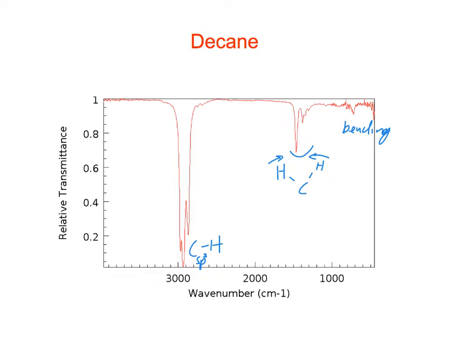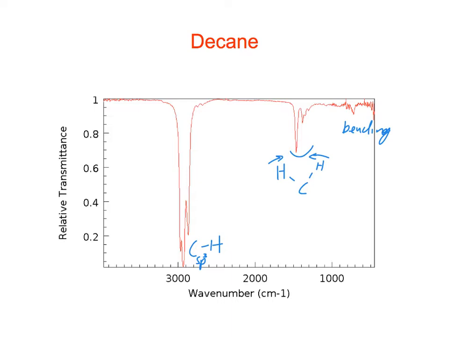There are also solution cells, where you make up a solution and put it in. This method is probably easier with solids than grinding up the KBr and pressing those into the little windows. So it just depends on the physical properties of your sample.